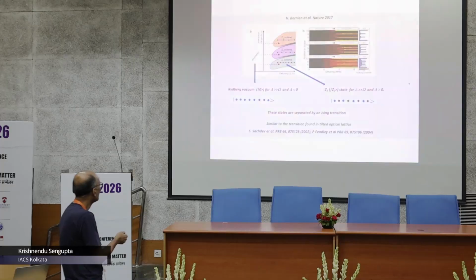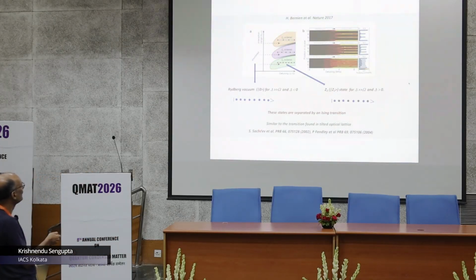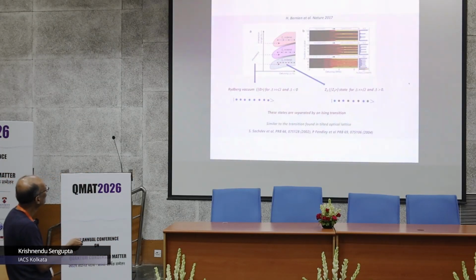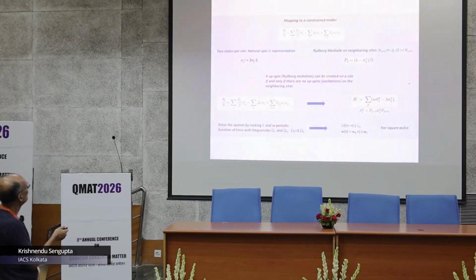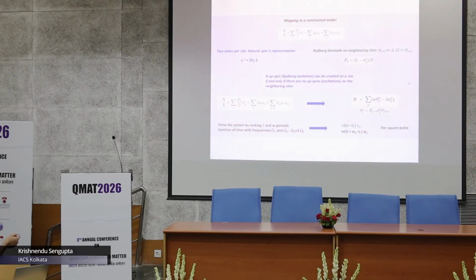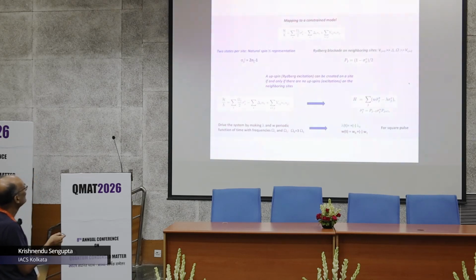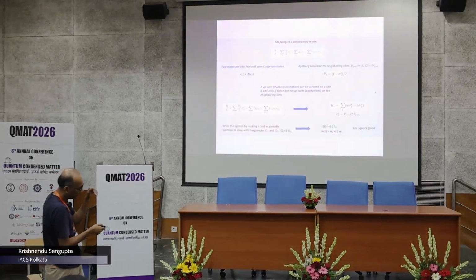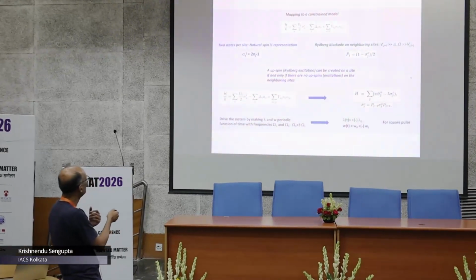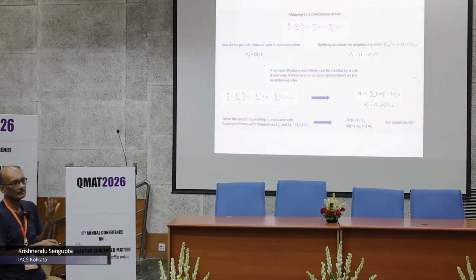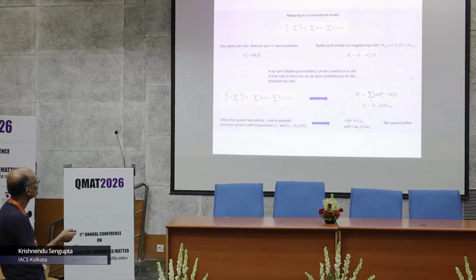In a slightly different context of tilted optical lattices, we worked on this quite a bit in the past. So one can map this Rydberg model to a constrained model. One can say that there are two states per site, given by this sigma. So you can define a sigma z depending on the number of Rydberg excitations, and one can also define a projection operator which projects a spin, in this language, to the down state, that is, projects the atom to its vacuum.